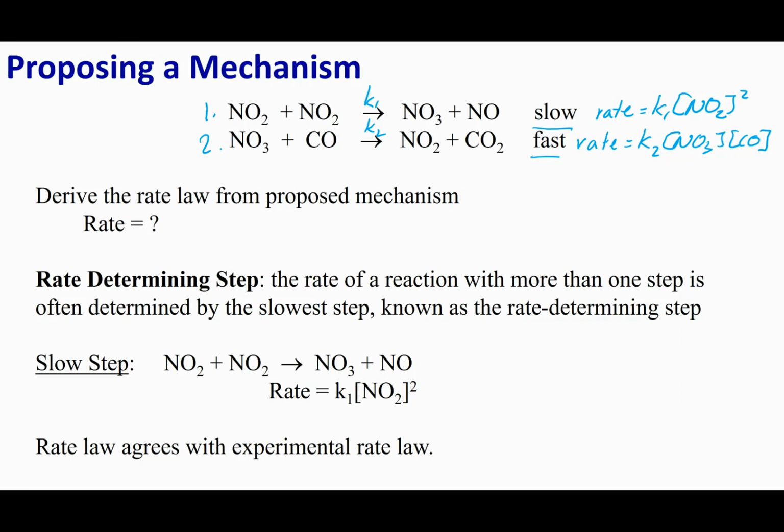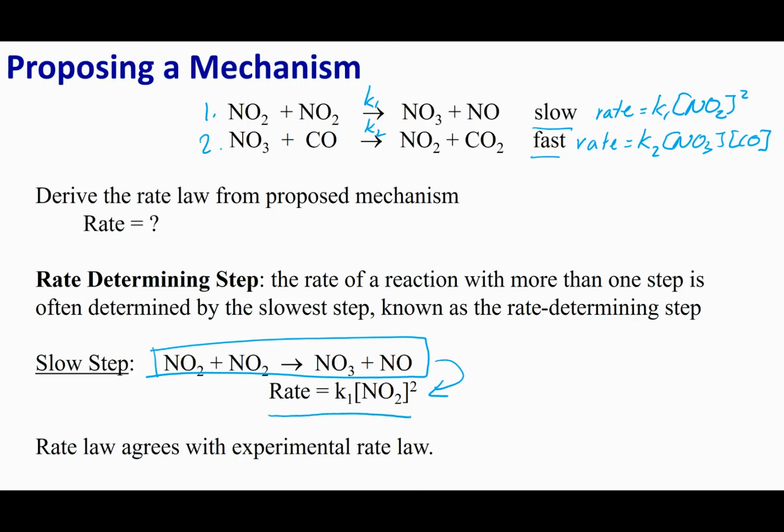If we have elementary steps, and one of these elementary steps is slow, that is going to determine the overall rate for that reaction. And so the slow step is going to be the rate determining step. So in our example right here, step 1 was our slow step. And since it's our slow step, it's the rate determining step. That means the overall reaction is going to be based off that particular rate law, based off the molecularity of our proposal.